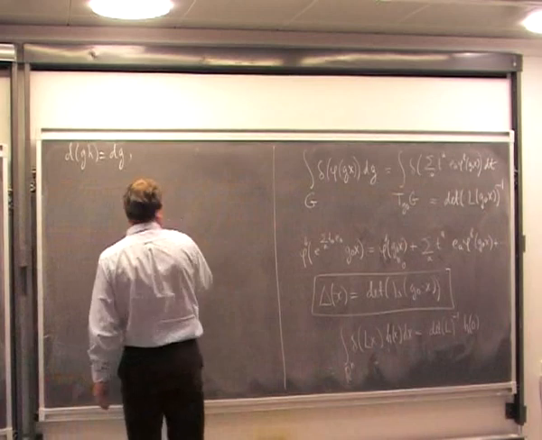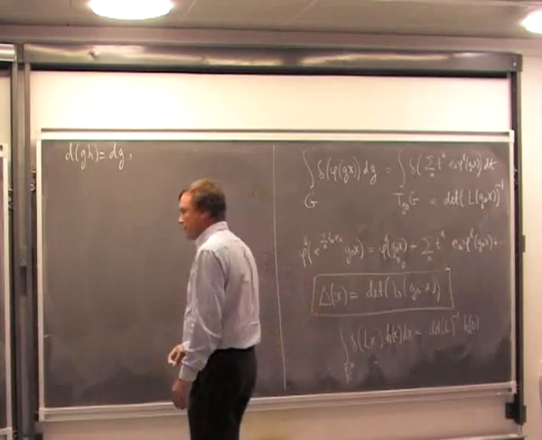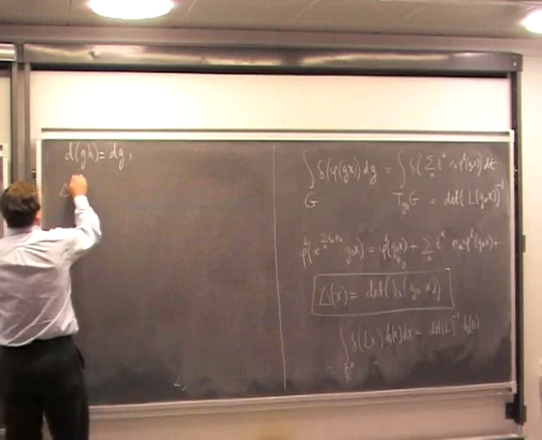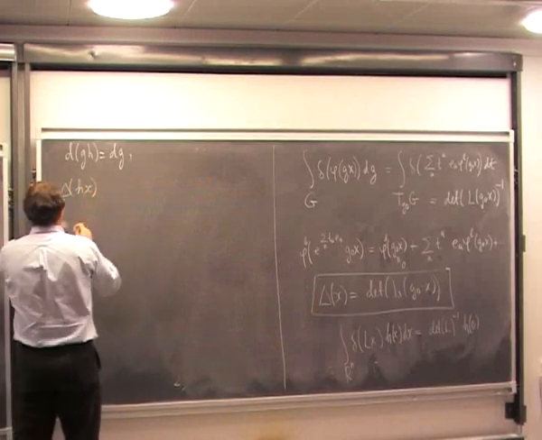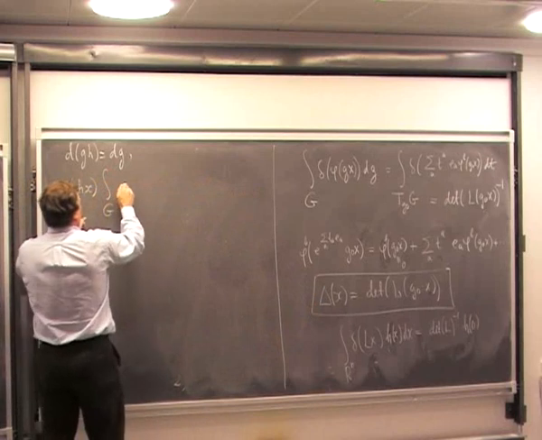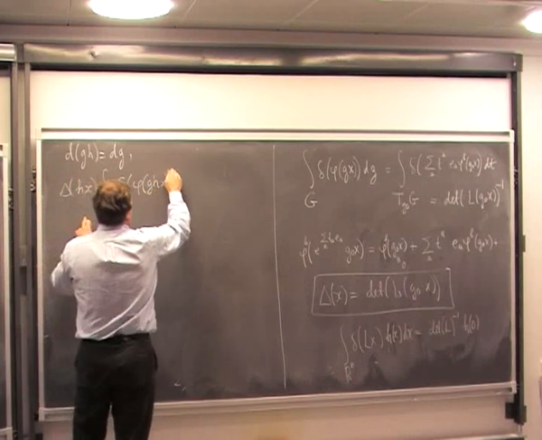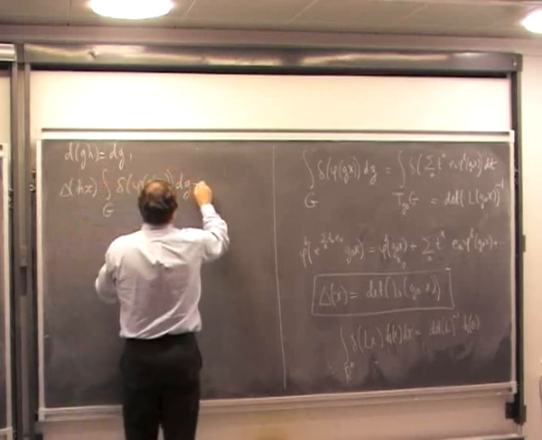But now, an important property of delta is that it's G-invariant. It's clear. So we will take the definition of delta: delta phi gx dg.